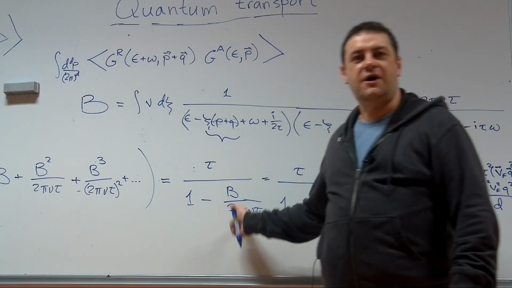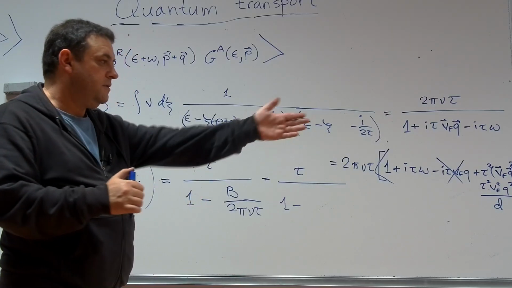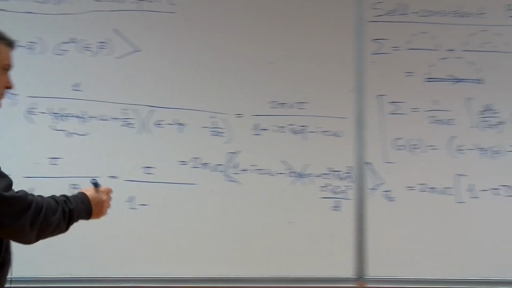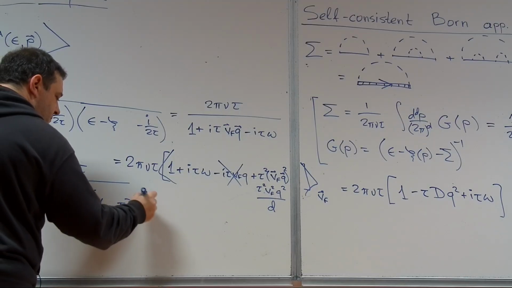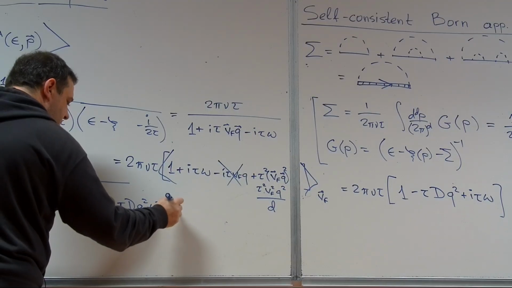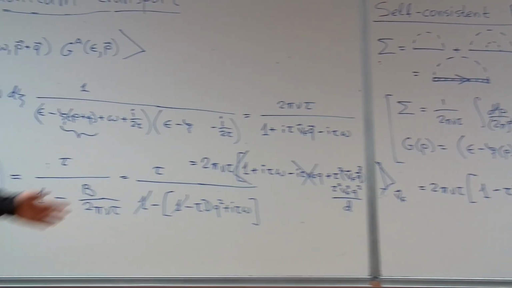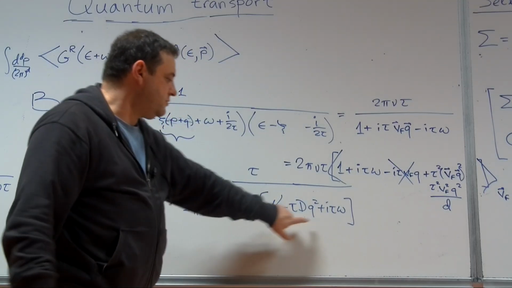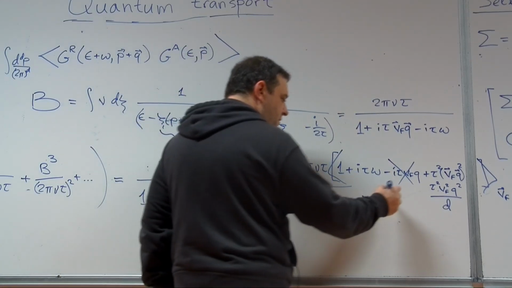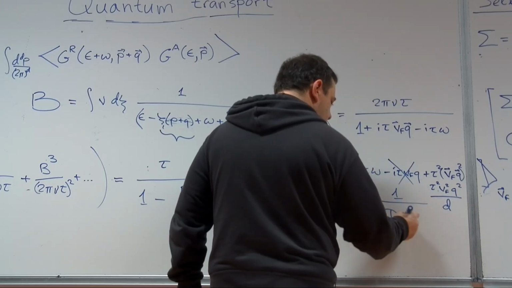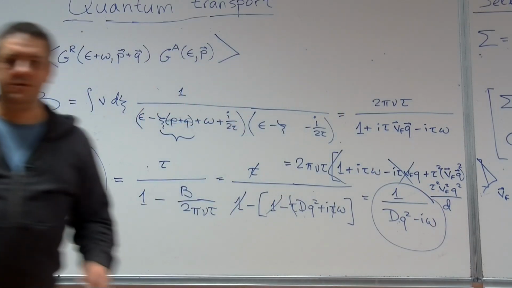And in the denominator, I will retain the small corrections because it just so happened that the unity cancels out. 1 minus tau dq squared plus i tau omega. Just so happened that 1 cancelled out. That's why I need these small corrections. And they also contain tau, which also cancels. And I get exactly what I expected, namely the classical diffusion propagator.